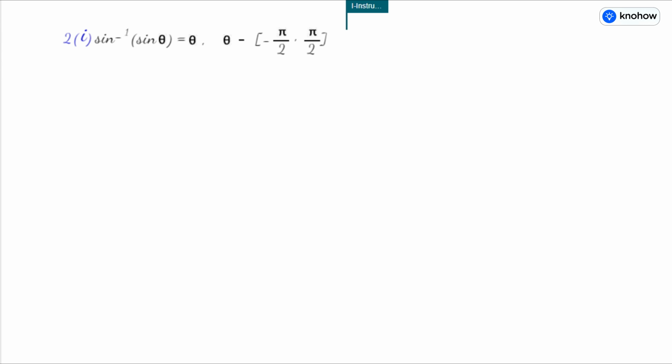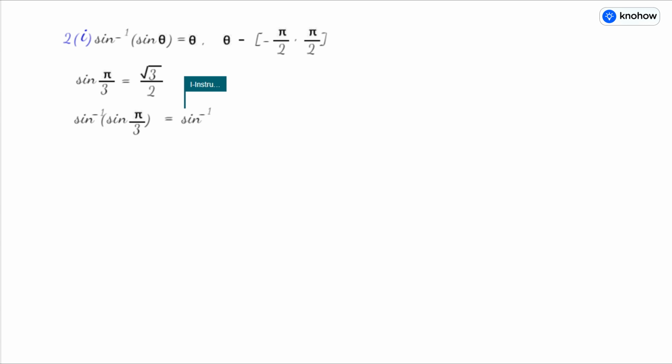How to justify this property? Say sine pi by 3. So what is the value of sine 60 degrees? It is root 3 by 2. Now let me write sine inverse of sine pi by 3.